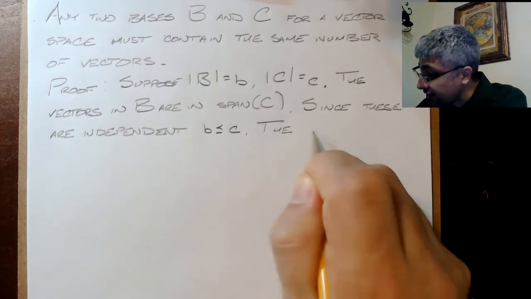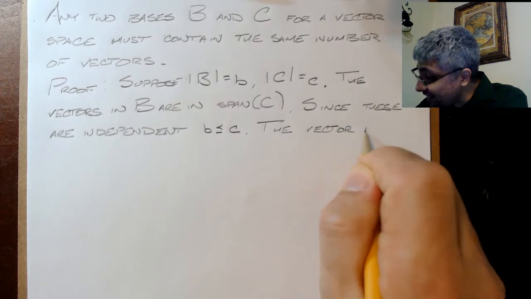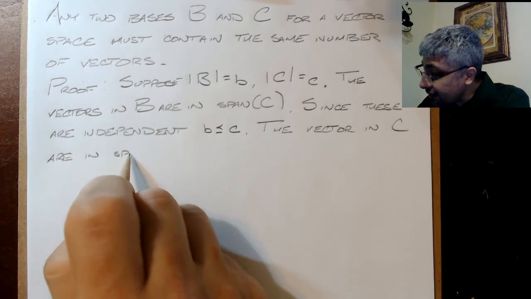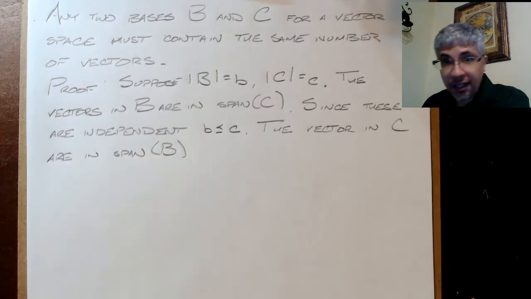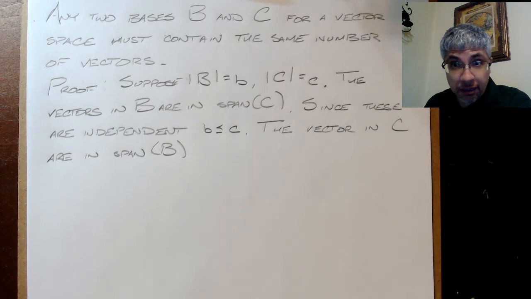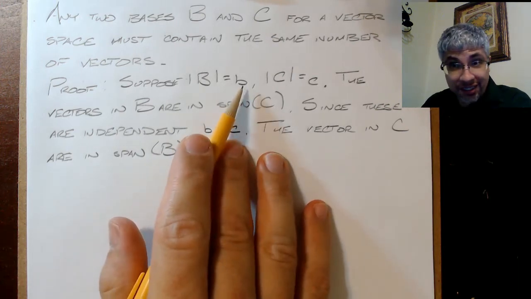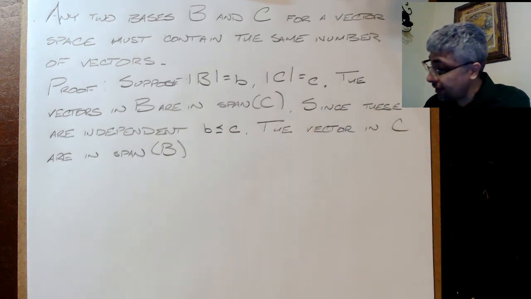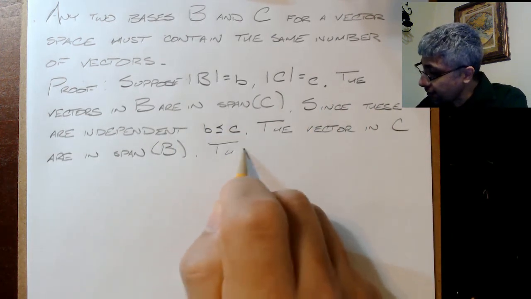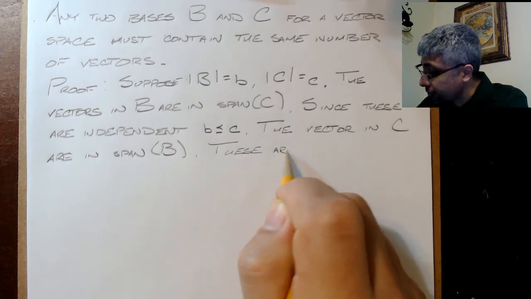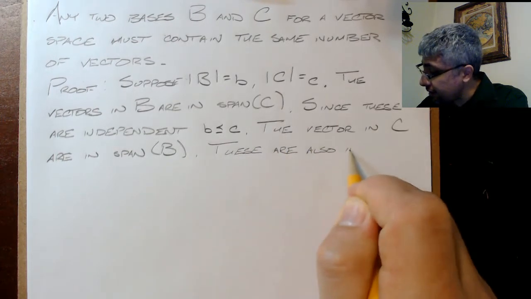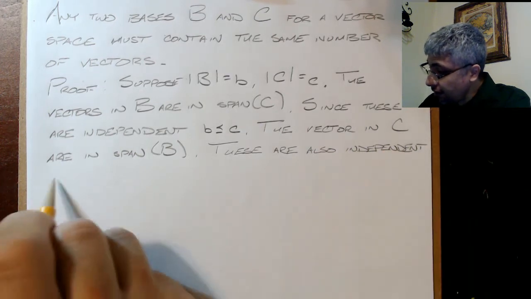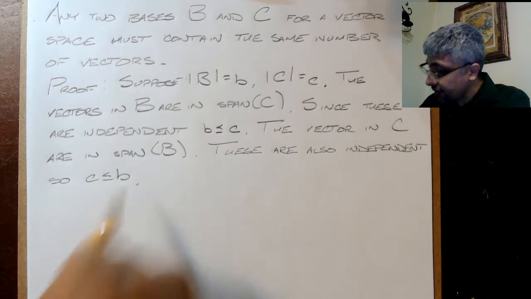Well, we know the vectors in C are in the span of the vectors in B. So by that same result, the vectors in C are independent and they're in this span with size b. So the size of C must be less than or equal to b. So c is less than or equal to b.